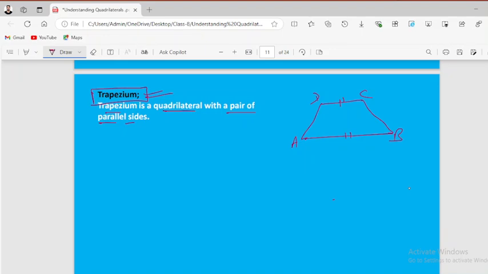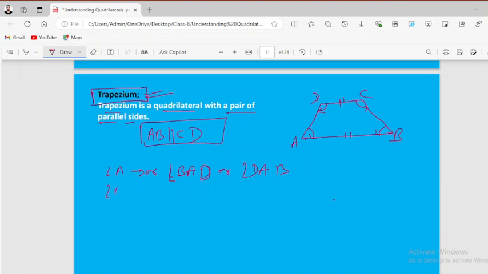According to this diagram, AB is parallel to CD. This is an angle, this is also an angle, this angle C and this angle B. If you want to represent angle A, you can write angle A, or angle BAD, or angle DAB.